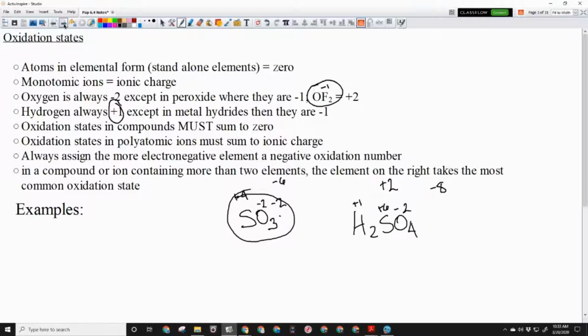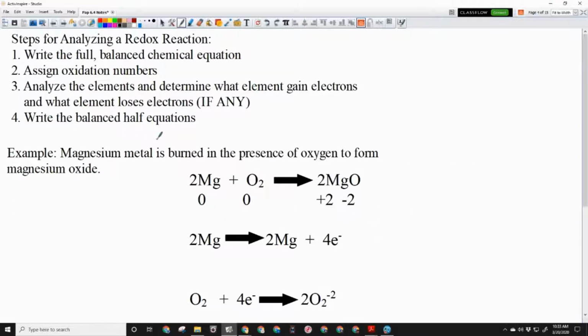All right, so let's put this into practice and let's do some redox equations. So pause the video and write down these steps for doing a redox equation. All right, so the first thing that we want to do is write the full balanced chemical equation. So it says here that magnesium metal is burned in the presence of oxygen, O2, to form magnesium oxide, MgO.